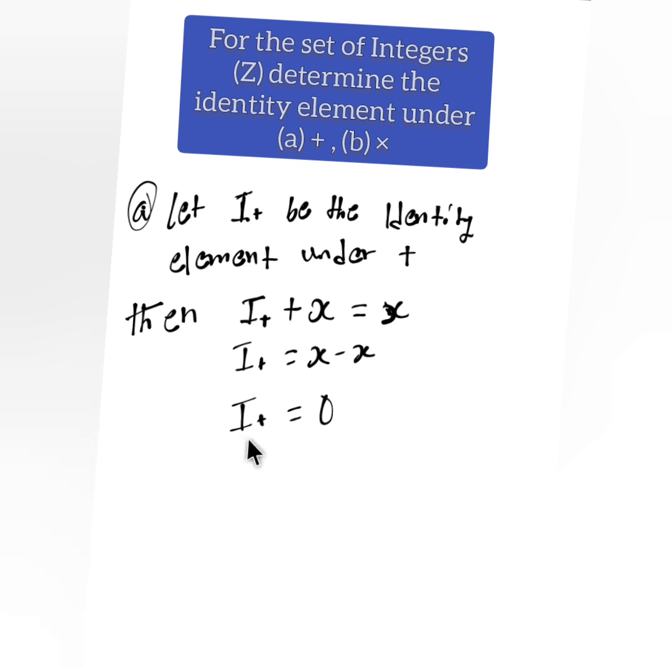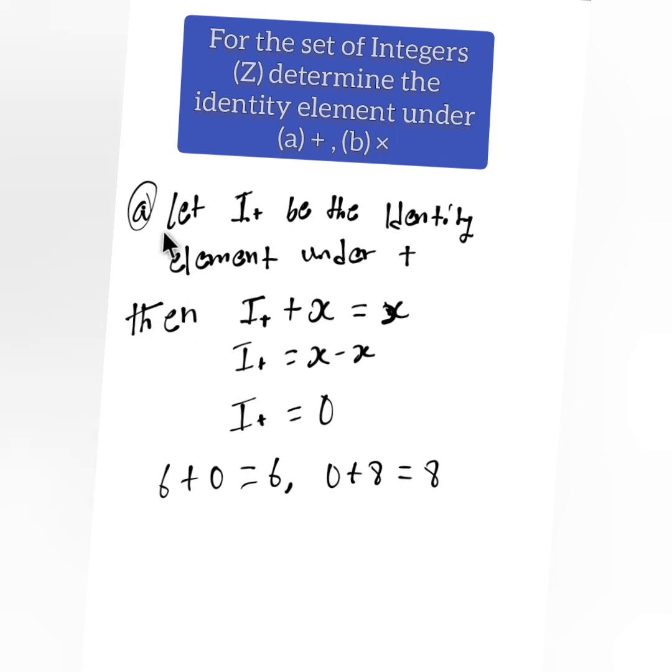The identity element under addition is 0. This is very true because any number plus 0 gives us back that number. For example, 6 plus 0 is 6. 0 plus 8 is 8. So 0 is the identity element under addition because it gives us back the value.